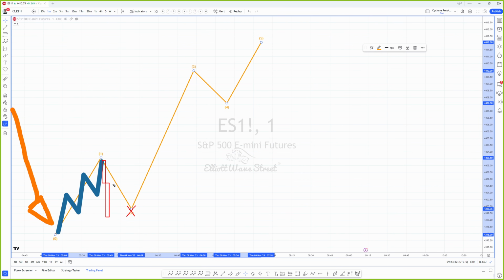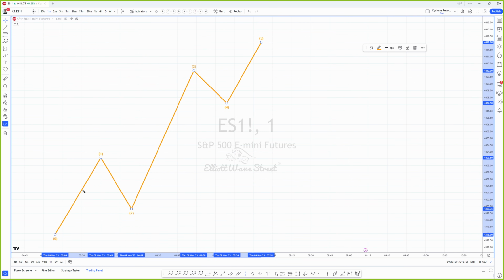So speed really matters. And this little advice is going to save you from hours and hours or probably years of frustration, because a corrective wave that you are going to trade never should be fast. Never should be fast. The corrective wave always needs to be slow.